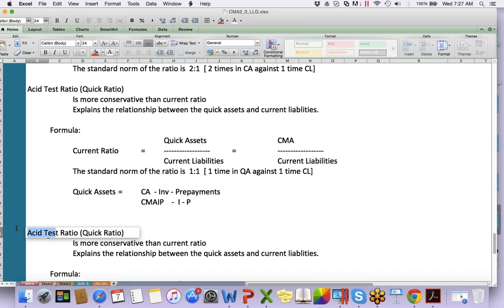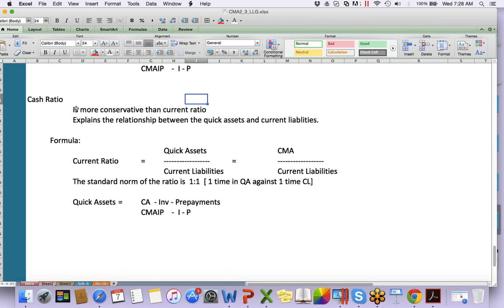Cash ratio is most conservative, more conservative than current ratio and even asset test ratio.